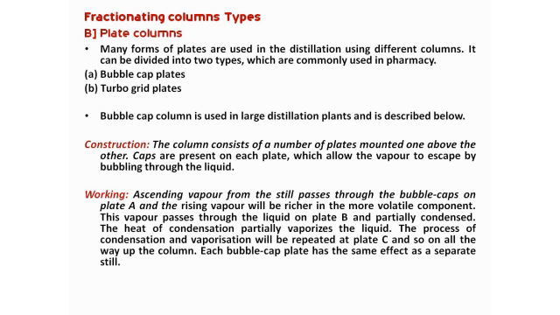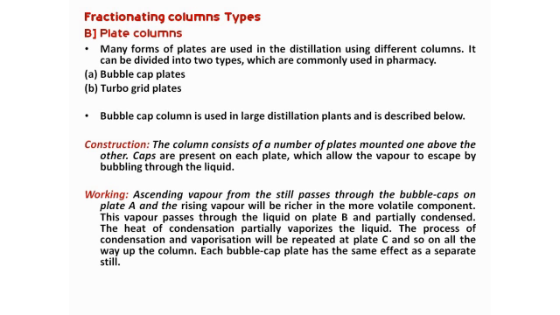The rising vapor will be richer in the more volatile component, so whatever is less volatile will settle in plate A. More volatile will leave plate A and reach plate B. First we get plate A, then plate B, then plate C, like that.